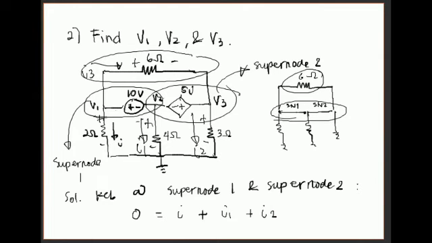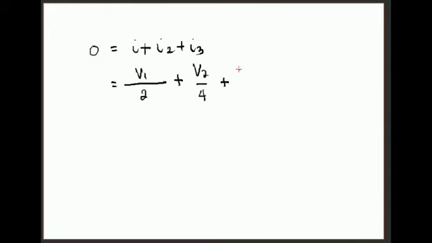If we expand each current, we have 0 equals I1 plus I2 plus I3. For I1 we have V1 over 2, and for I2 we have V2 over 4, plus V3 over 3. Again, it's equal to 0. So this is our equation 1.